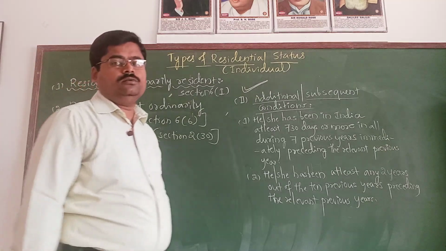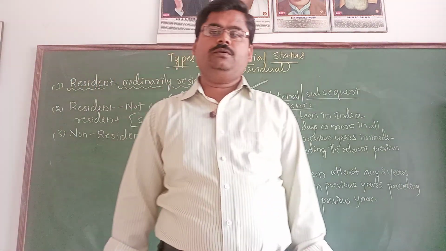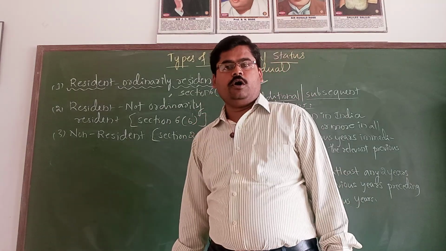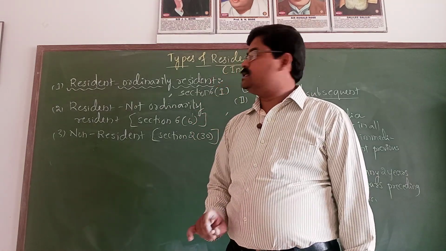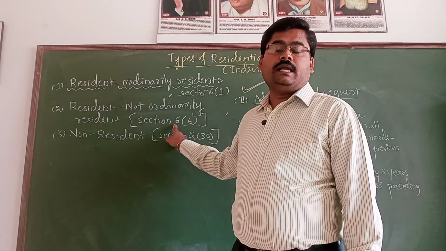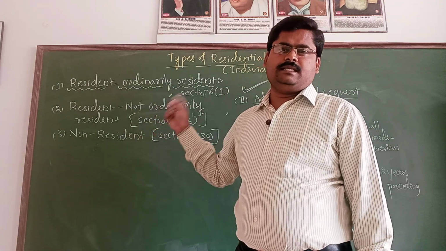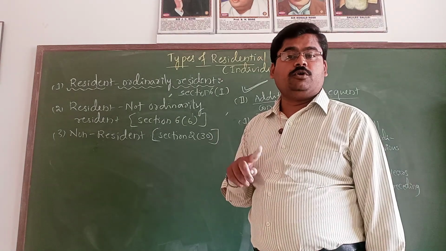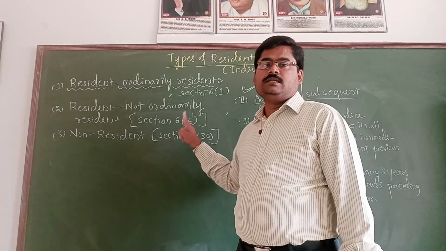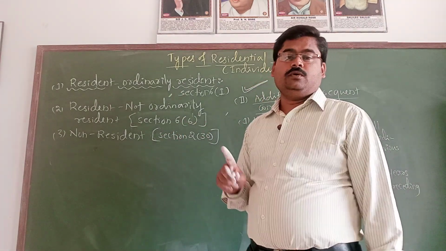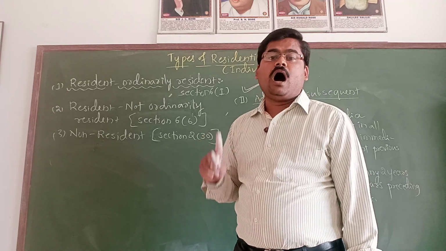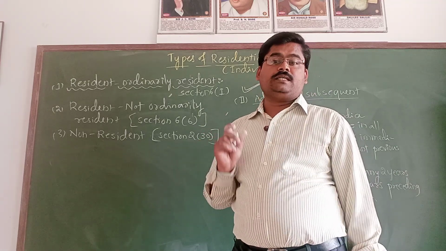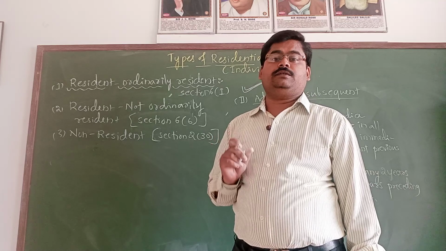So the first type of residential status you have understood. Next is who is a resident not ordinarily resident. Resident not ordinarily resident is supported by section 6, subsection 6. So what does RNOR, resident not ordinarily resident, actually mean?